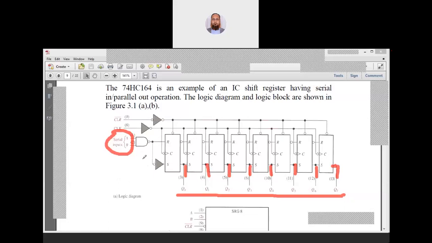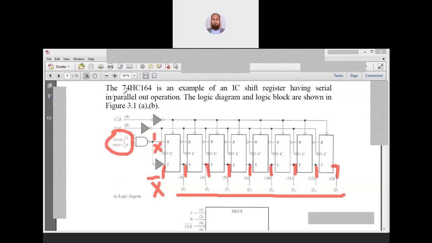Let me give the input a name, say X. What is available here is X complement, and this continues everywhere. Its output goes here, and the same goes to S. This is how we can make the D flip flop from the SR flip flop. The operation remains the same; there is no change in the operation.